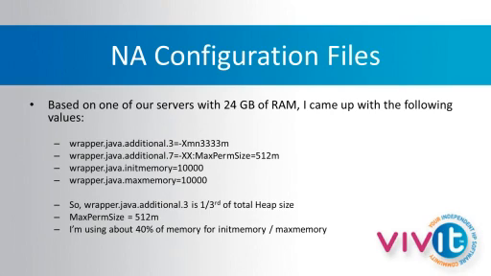It's rather expensive for NA to have the JVM start with an initial value that's low and then ramp up to the maximum value as it runs. It's much more effective and efficient for NA to just start with whatever value you want to use as the maximum heap size. So in my case, 10,000.